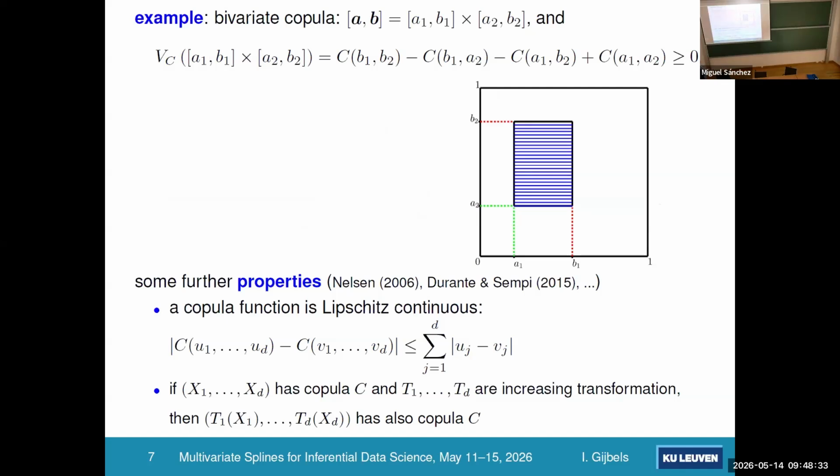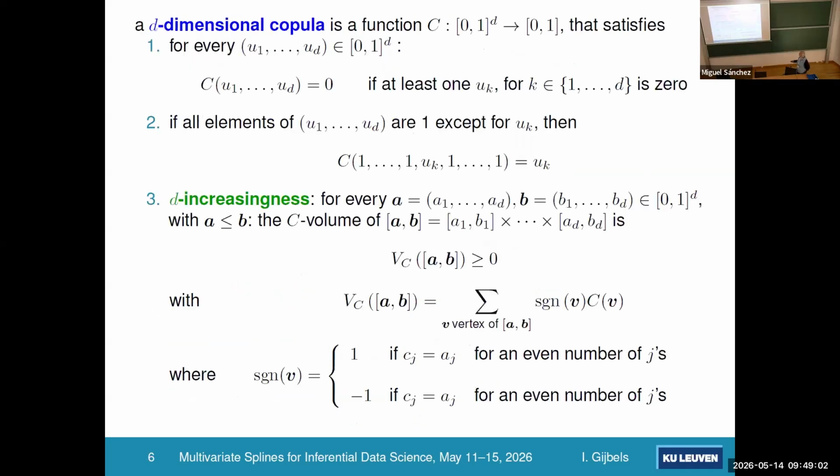The probability given to that blue area through the copula is obtained by taking the value here, minus the value here, minus the value over that, plus the value over there. That's this expression, and it needs to be bigger than or equal to 0 for any rectangle that you take. This is the bivariate case, but of course in the multivariate case you have what I showed you here.